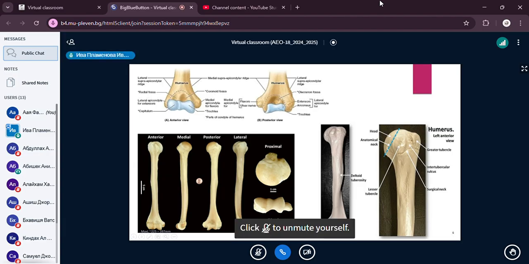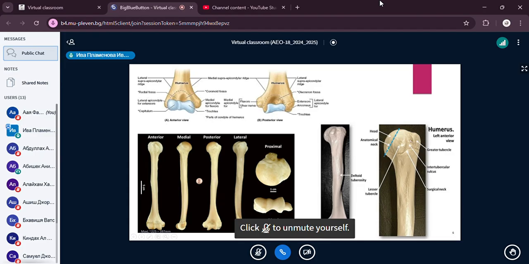And above the trochlea, you can see fossa olecrani. Of course, the same ridge here. That's the deltoid tuberosity of the body. Here is the radial groove.